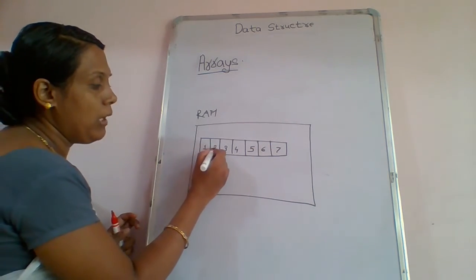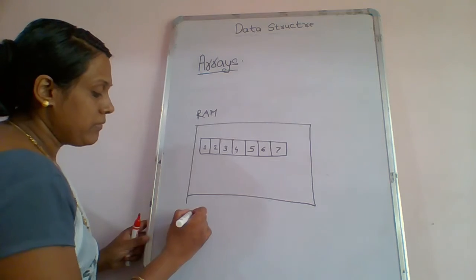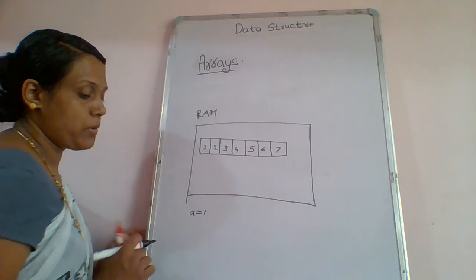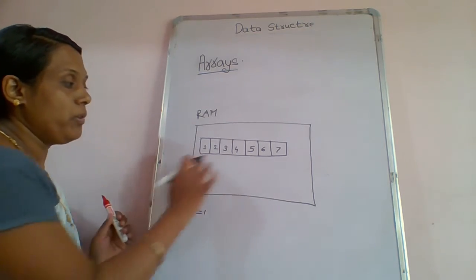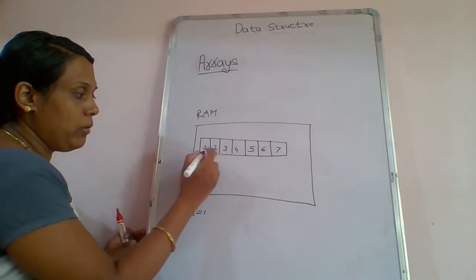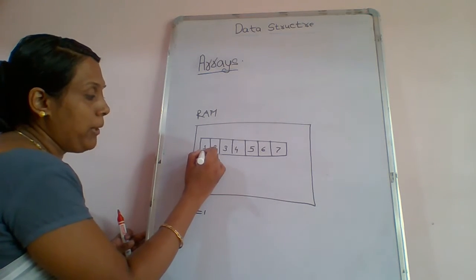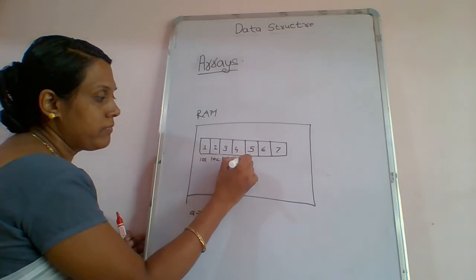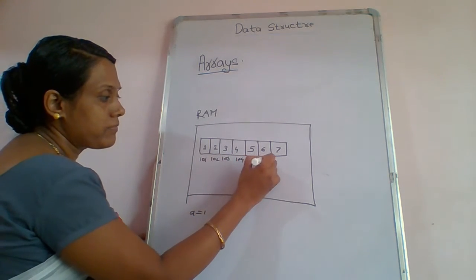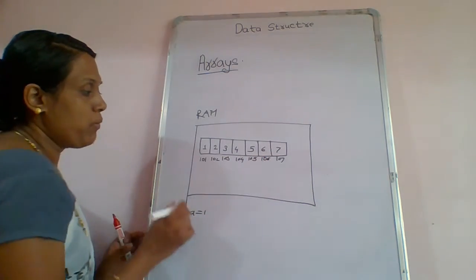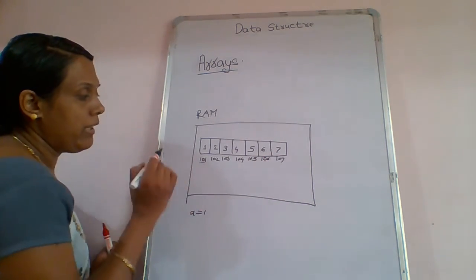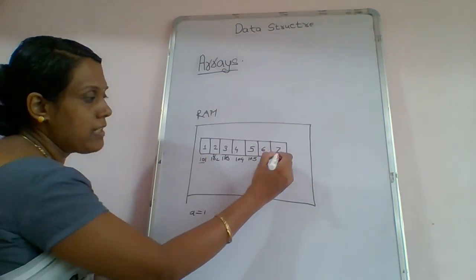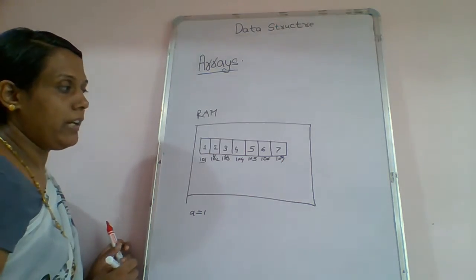These are the actual values of your array, like A equals 1, so this 1 is here; A equals 2, this 2 is here. Each value is located at a particular address, called the memory address. 1 is located at address 101, 2 at address 102, 3 at 103, like that, and 7 is located at address 107.